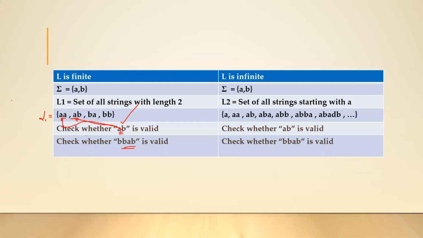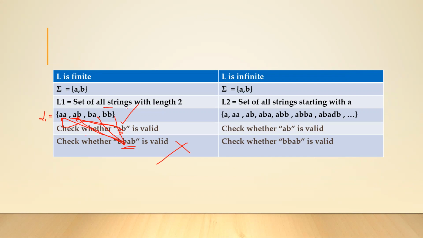So take BBAB and check with the first string, AA: not valid. AB: not valid. Then BA, the third string: not valid. Fourth string: not valid. You only have 4 strings. You have checked all 4 strings, which means you have come to an invalid string.